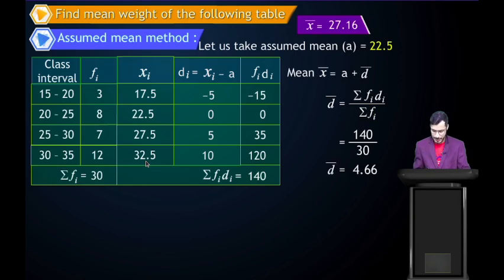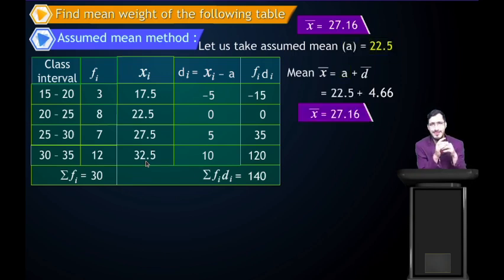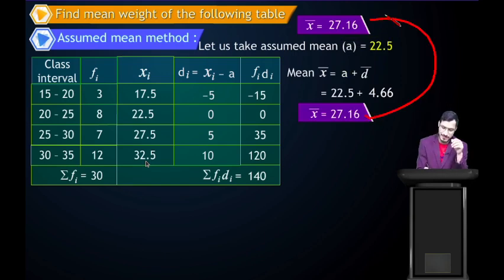Now substitute the value of d bar, 4.66. So we get the mean as 22.5 plus 4.66, and the answer is 27.16, the same as the previous answer. Yes or no?